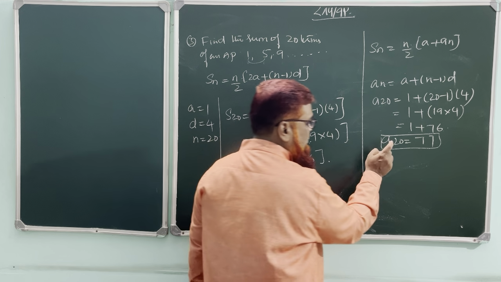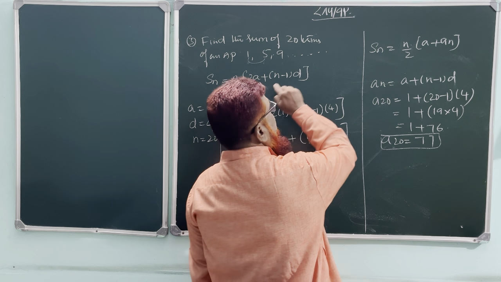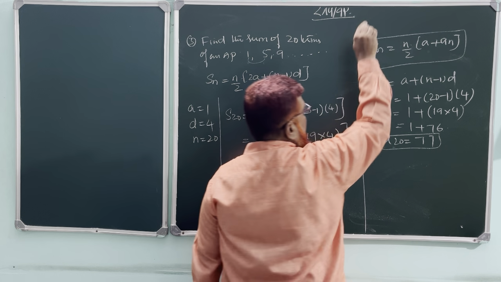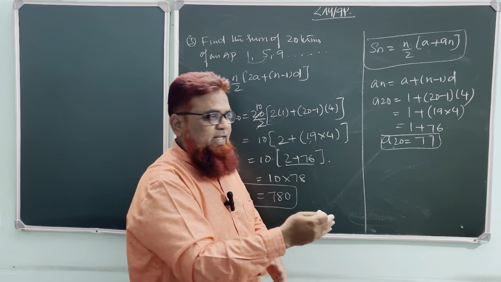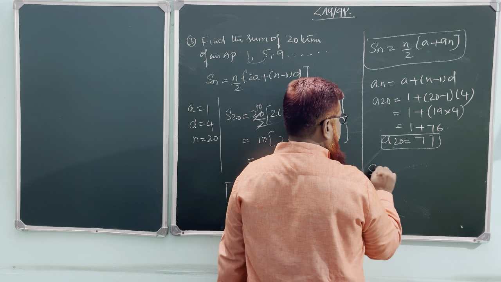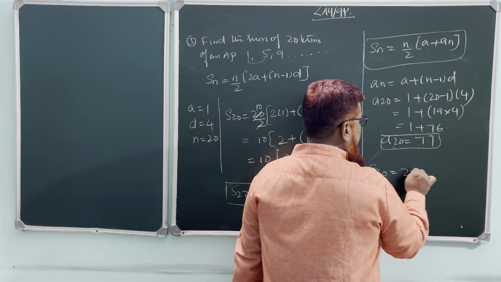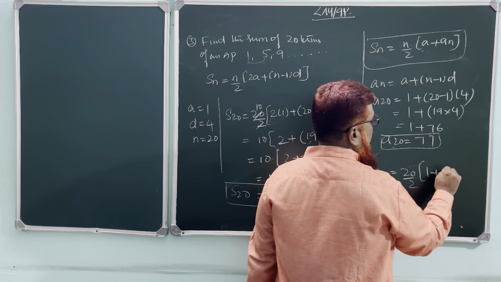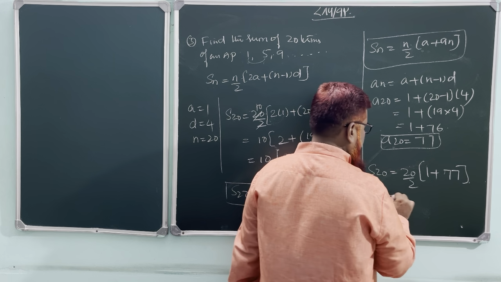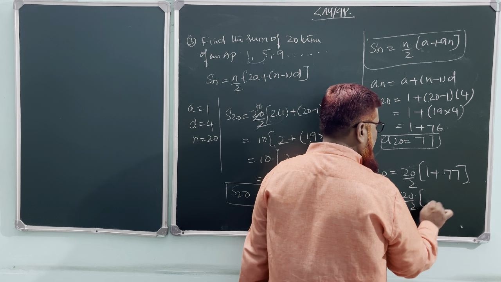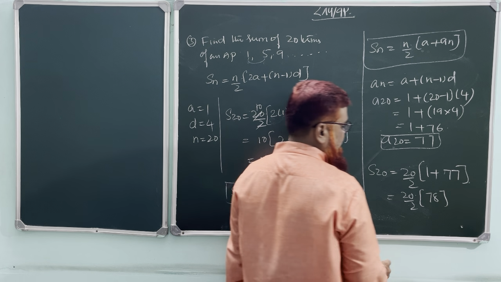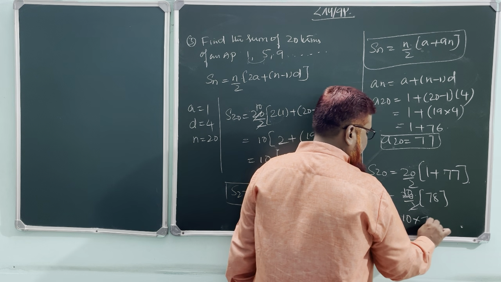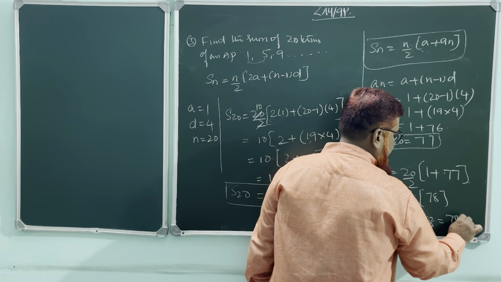Now you substitute the first term and the last term in this formula. This is the same formula but another variant. So S20 is equal to 20 by 2 into (1 plus 77, that is first term plus last term), which is equal to 20 by 2 into 78. 2 tens are 10, into 78, which is equal to 780.